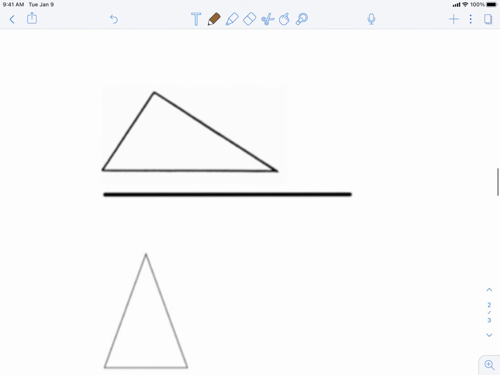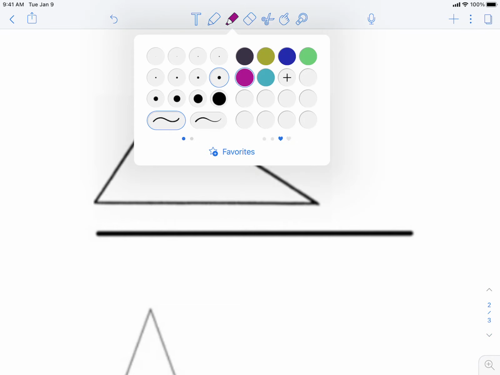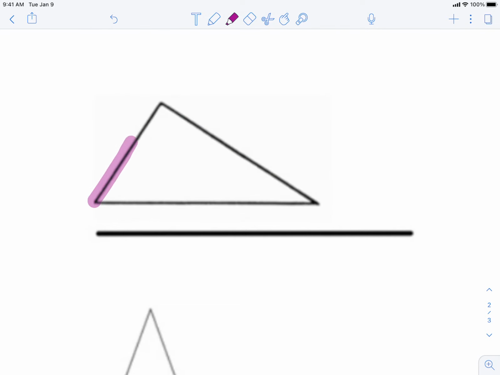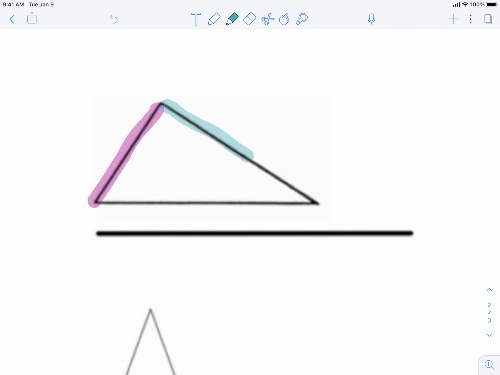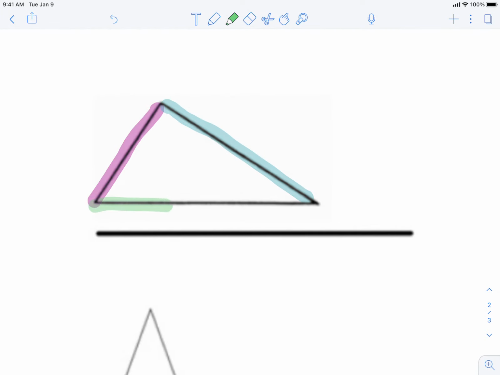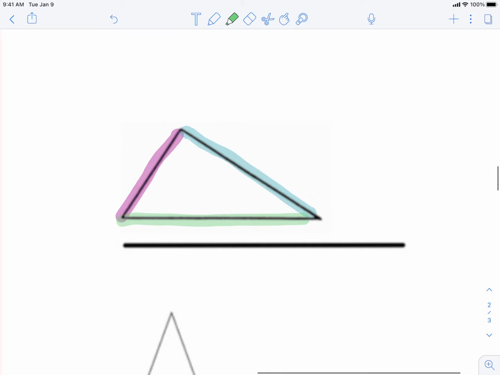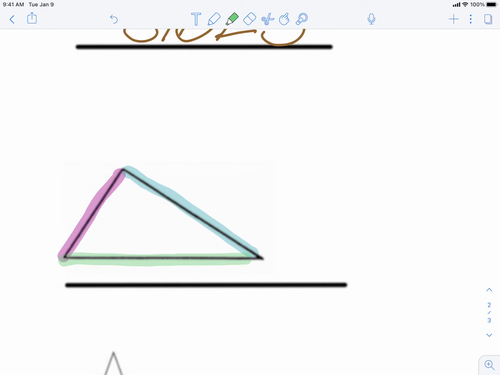First triangle, check this out. From here to here is that color. Look at that. What do we notice about all three sides? Are they the same color? No, they're different colors.